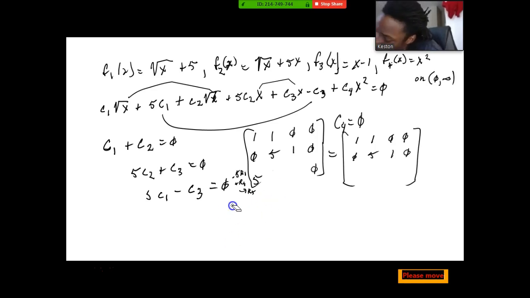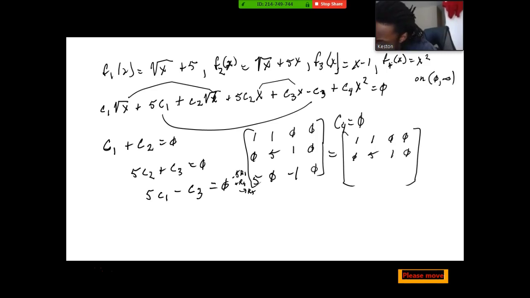All right. That's the C3 there, not a C2. Okay, C1 minus, again, pen screwing me up here. 5C1, 0, minus 1, 0. Okay.